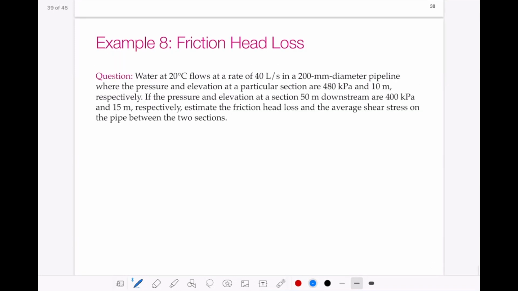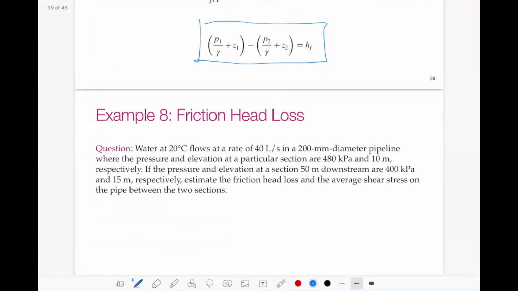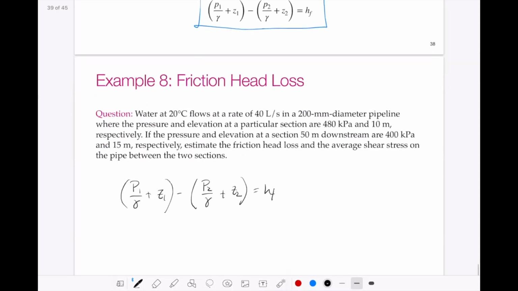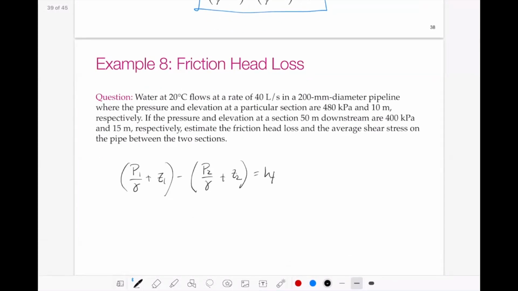So let's go back to our equation. We can write P1 over gamma plus Z1 minus P2 over gamma plus Z2 is equal to our friction head loss. So where do we go from here?